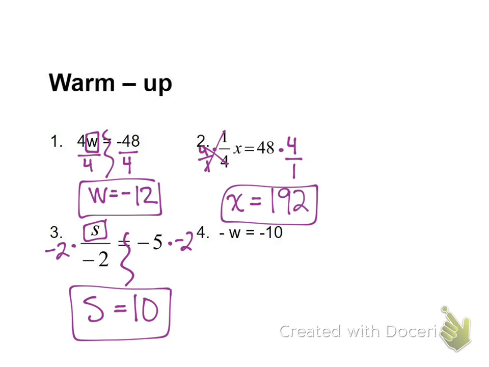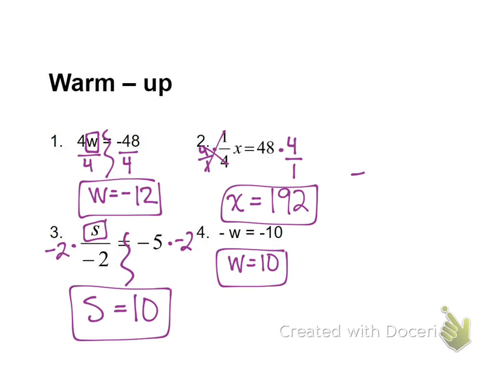All right, number 4. We haven't looked at this situation for a few days. Does anyone think they know what W equals? Not 1, but a couple people said it. Dominic, what do you think? Is it 10? It is 10. We want positive W. So if we know the opposite of W is negative 10, if we changed it to W, we also change the sign on the 10 to become positive.